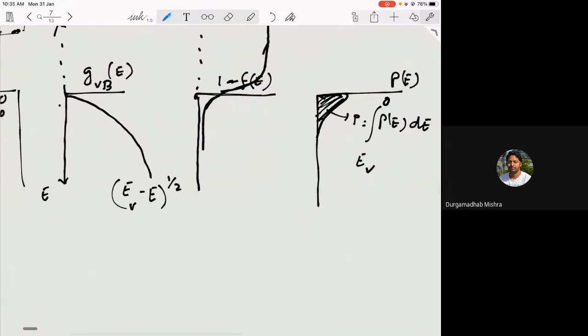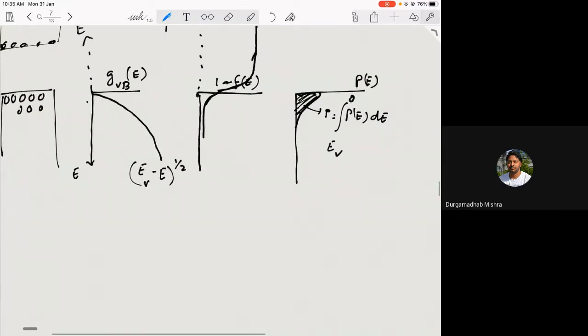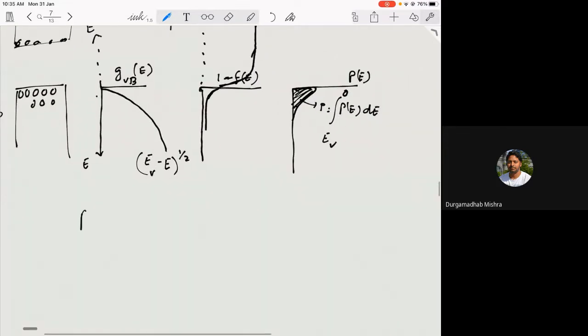You substitute the value of density of states. Now, what is p(E)? p(E) is equal to g_v(E) times 1 minus f(E). So it is not f(E) like earlier, it will be 1 minus f(E).